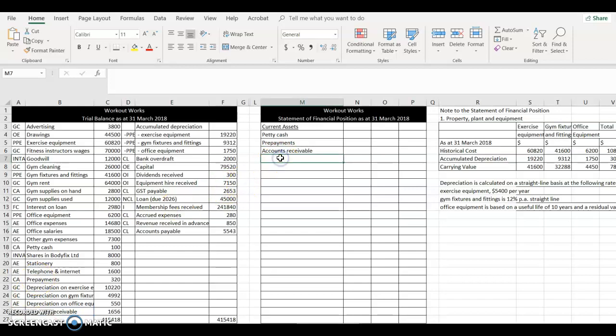And we've got one other, and that's our gym supplies on hand. These are supplies that we've got, like inventory, that we haven't used. So we can grab all of those and bring the figures in. Then we've got a total of those.